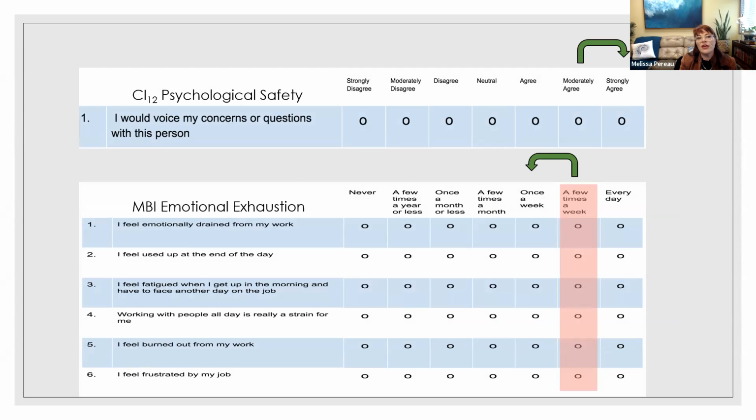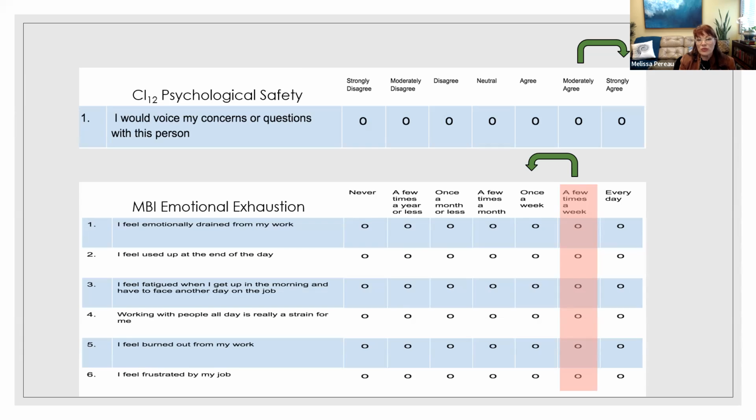So the connection index had one specific factor under psychological safety, this question. I would voice my concerns or questions with this person. And this one question specifically was important. And when you look at this emotional exhaustion on the burnout inventory, most of us can look at these questions and go, yeah, okay, the answer is yes for most of these. And really then it is, how often is this?